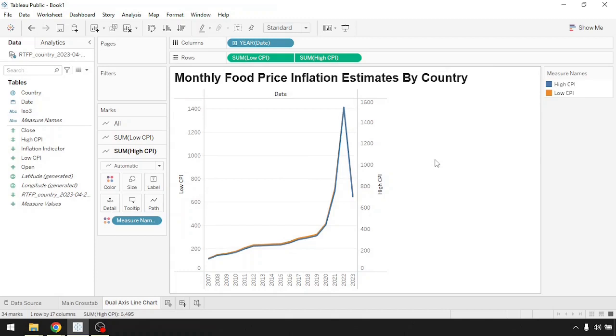And the most phenomenal thing about a dual axis line chart is that you get both of the axes on the chart. So this will allow you to look at the measurement of one of the variables on the left axis, and another variable on the right y-axis.